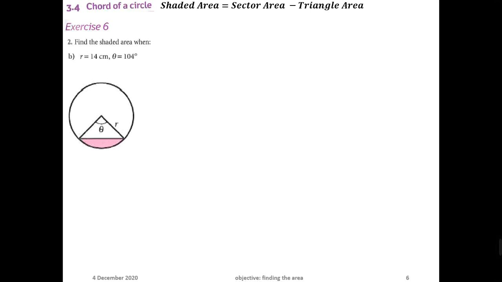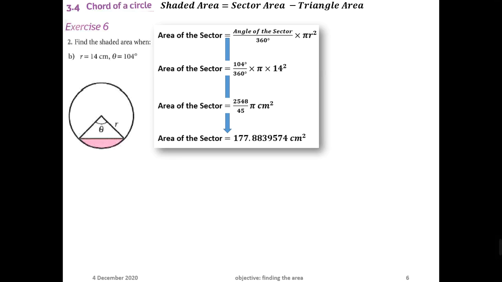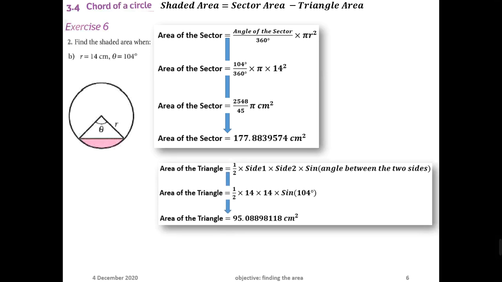So again, we're finding the area of the segment, or the shaded area in the drawing. We found the area of the sector, which is the whole shape in which the segment is included, and we found the area of the triangle, which is also within the sector.